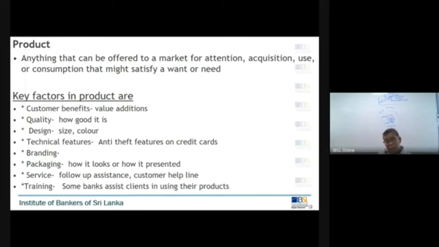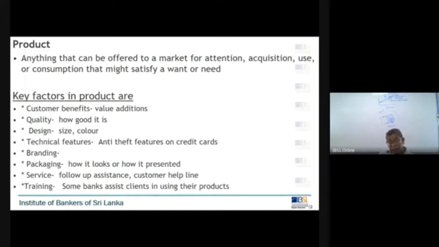Why are you using a debit card? Why are you using different cars? Also products. Because it gives benefits, value additions. Can you remember we learned CVP, customer value proposition. Every bank tries to give more value to the customers. The customers buy this product.